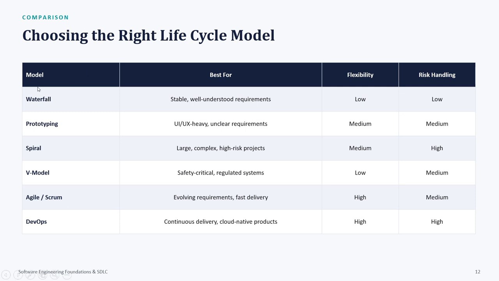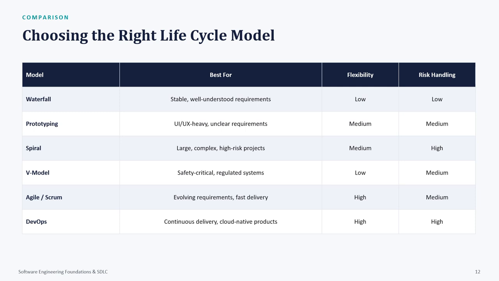Comparison. These are the models. These are flexibility and these are risk handling. Waterfall: stable, well understood requirements, low flexibility and low risk handling. Prototyping is UI UX heavy, unclear requirements. Flexibility is medium and risk handling is medium. Spiral model is for large complex high risk projects.